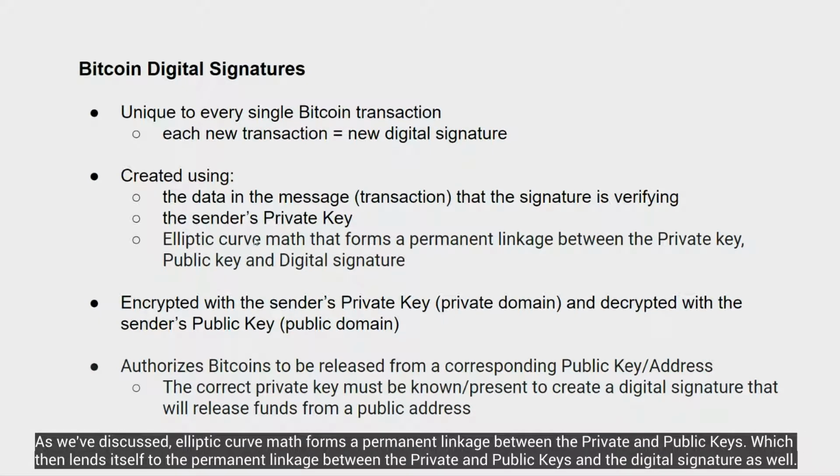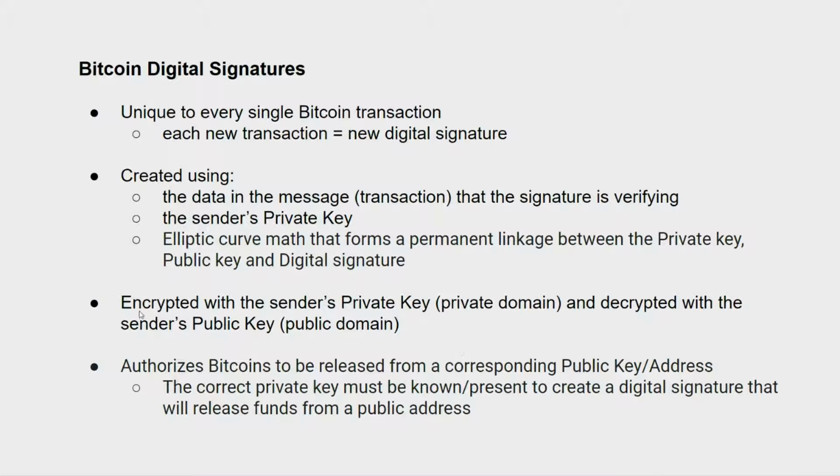As we already discussed, elliptic curve math forms a permanent linkage between the private key and public key, which then lends itself to the permanent linkage of the digital signature with the public key and private key as well.